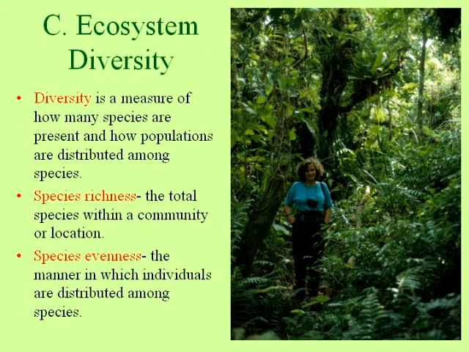What I'm getting at here is that there are components to diversity. The term diversity refers to not just the number of species, but also how many individuals per species there are.